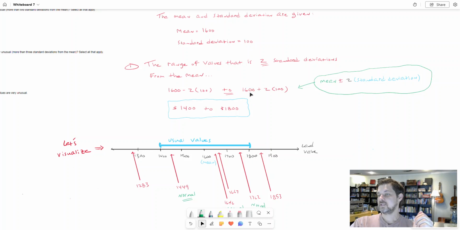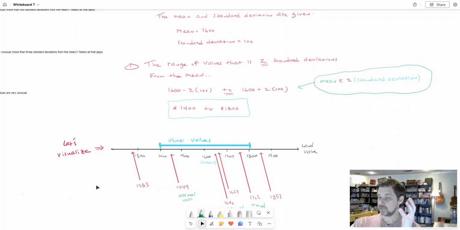And then I took 1600 plus 2 times 100, 1600 plus 2 times the standard deviation. So what I intended to calculate was the mean, either plus or minus 2 times whatever the standard deviation is. On the low end, 2 standard deviations away from the mean is $1,400. And on the high end, 2 standard deviations from the mean is $1,800.